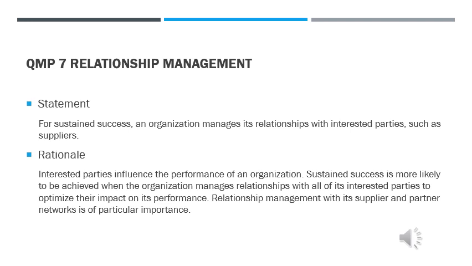So the actions that can be taken, such as determine relevant interested parties, such as suppliers, partners, customers, investors, employees, and society as a whole, and their relationship with the organization, and determine and prioritize interested party relationships that need to be managed.